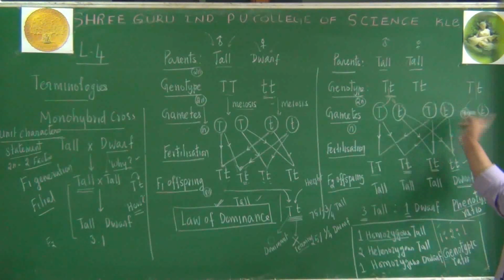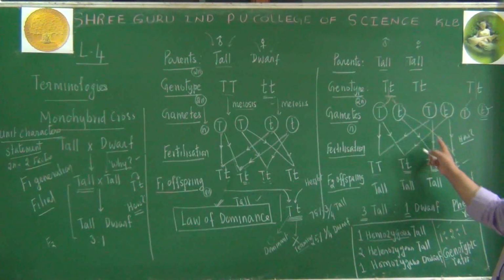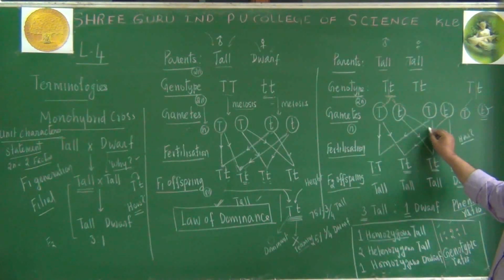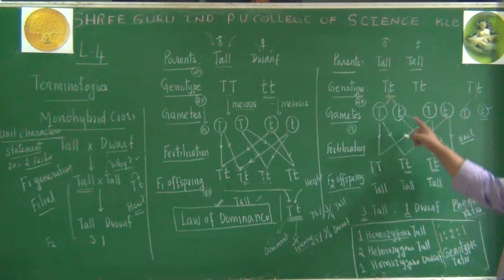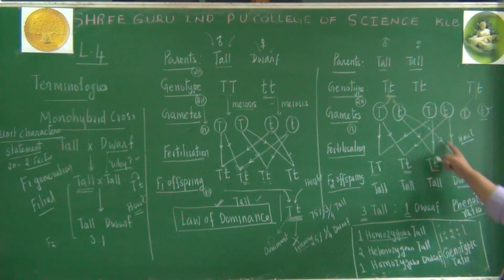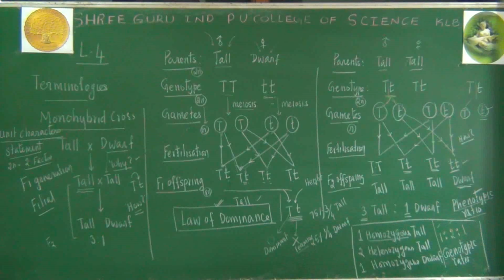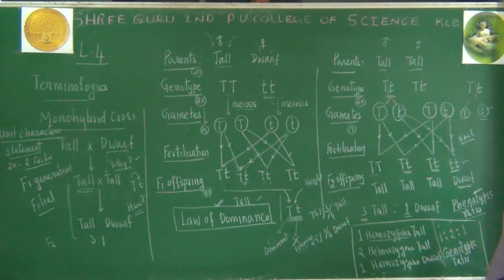Capital T will separate, small t will separate. When it is becoming free, it is able to randomly fuse with small t. It has a chance to either join with capital T or to join with small t. When the chance happens with small t, it will become a dwarf parent. So how is it possible? Due to separation of alleles at the time of gametogenesis.